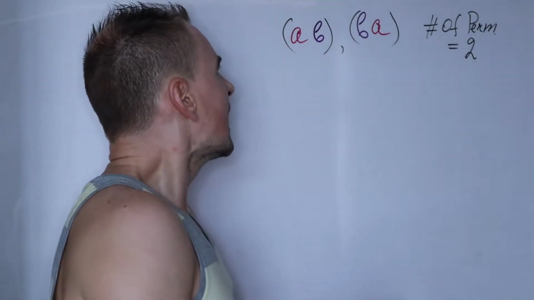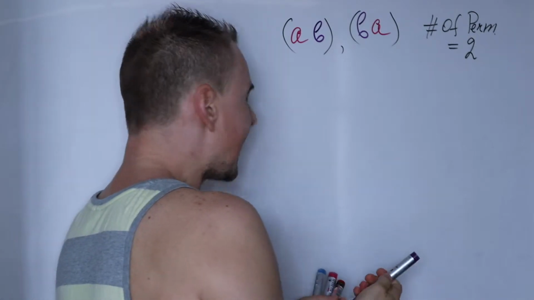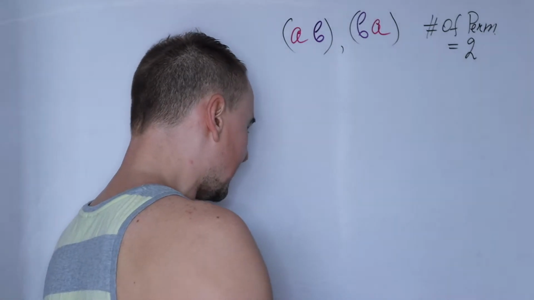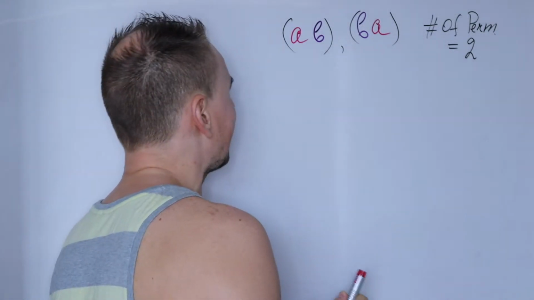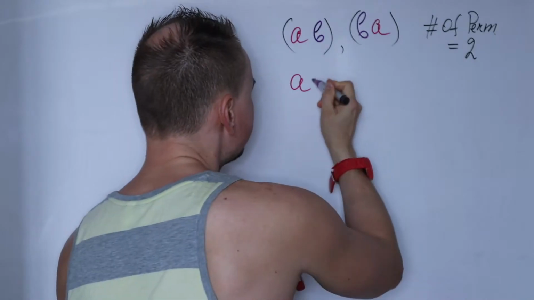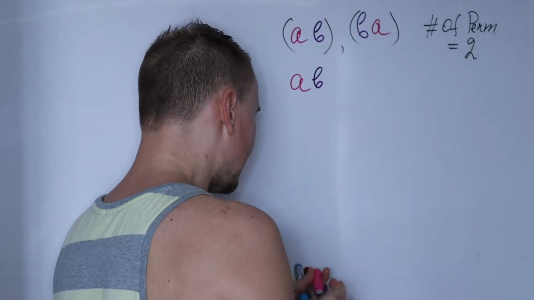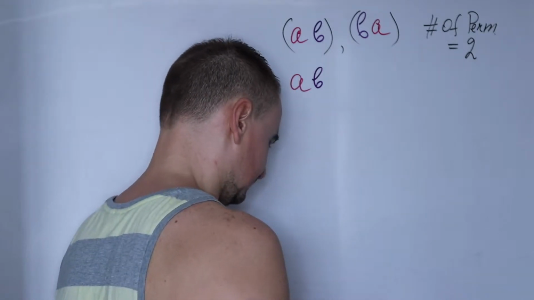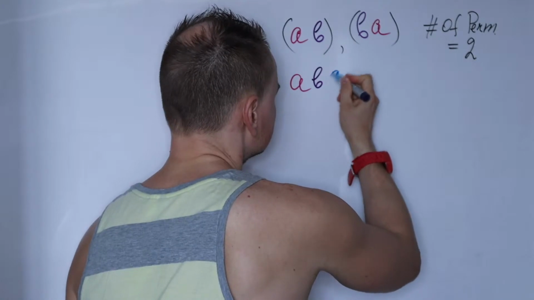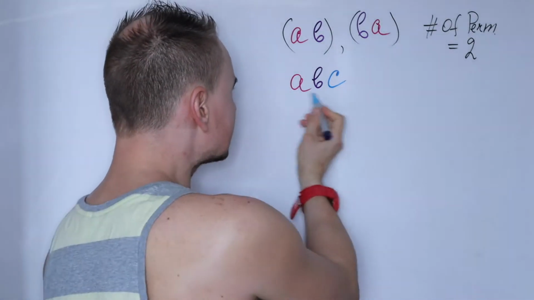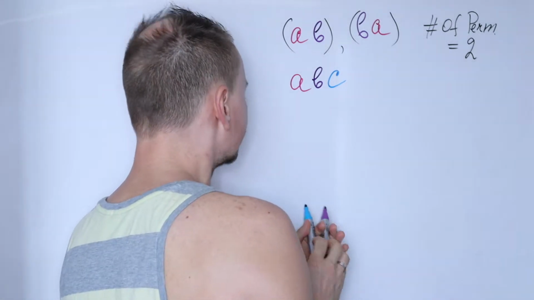Now, let's take a look at three elements. Suppose you have been given three objects or three elements. So say you have A, you have B, and you have C. Now, these things can be rearranged differently. So let's swap A and B first.